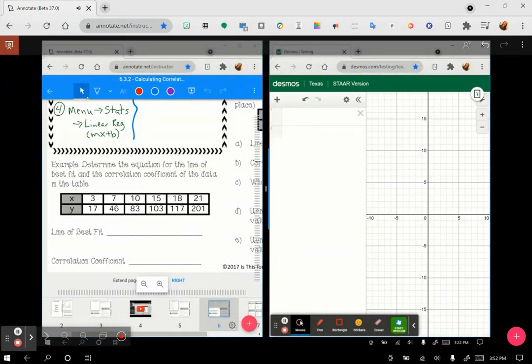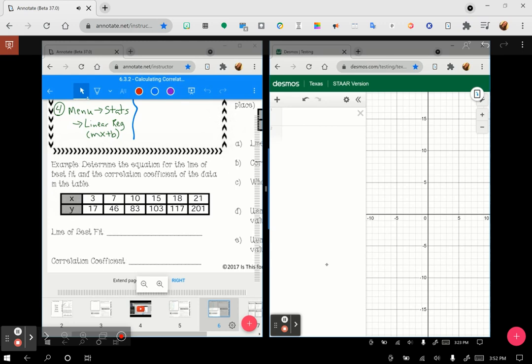Now that you've seen how to get the linear regression and the line of best fit using the classroom calculator on the YouTube video that I had to find, because I don't have the calculator on my computer at home, I'm going to show you how to do it in Desmos. We're going to use the actual handout, the foldable, to work it out.